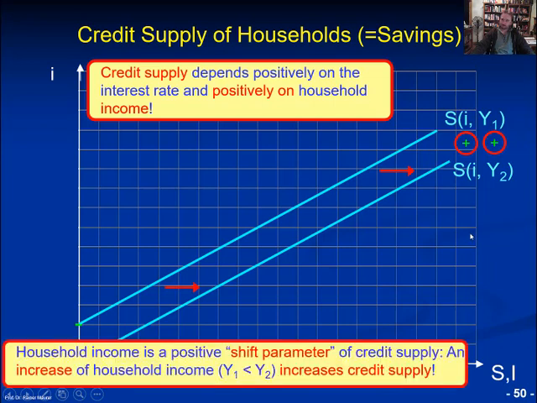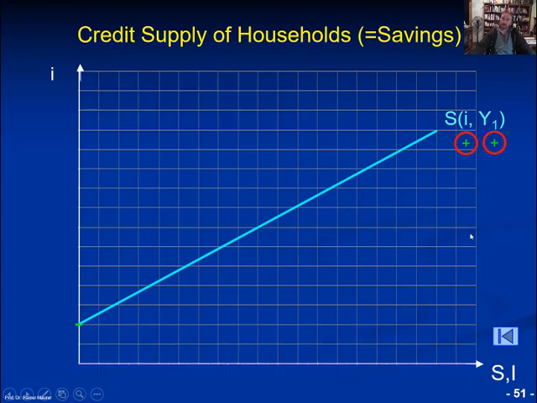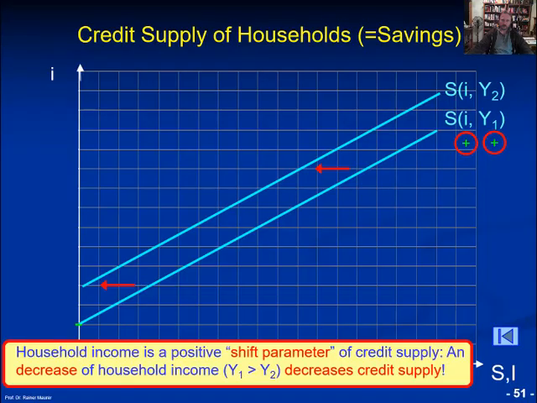If income falls, then we have to shift the savings function to the left. So, since household income is a positive shift parameter of credit supply, a decrease of household income decreases credit supply.